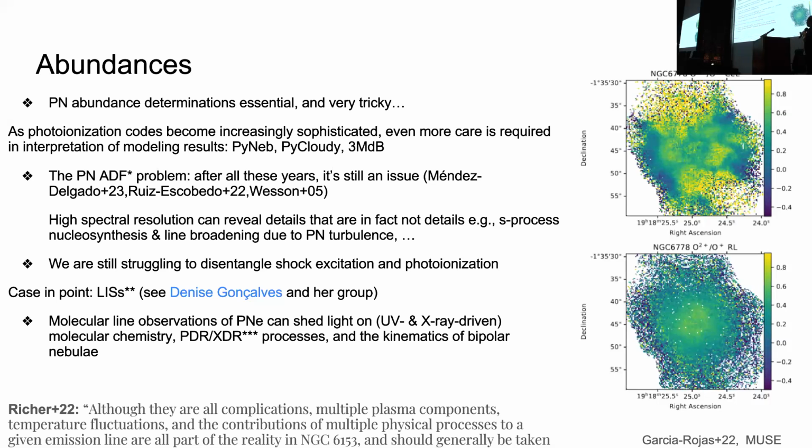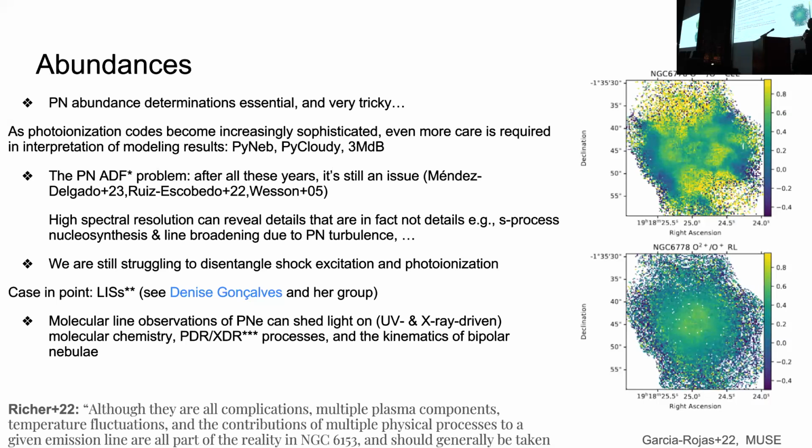We're still struggling, as they said here, to disentangle shocks and photoionization. There are two mechanisms occurring in planetary nebulae. There's the case of low ionization structures. Denise Gonçalves in Brazil and our group are working hard on this.